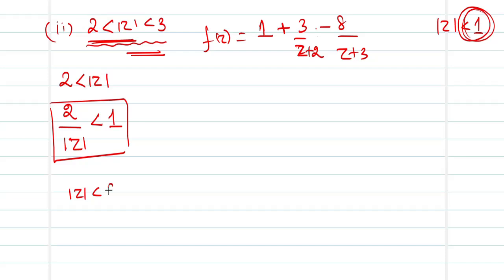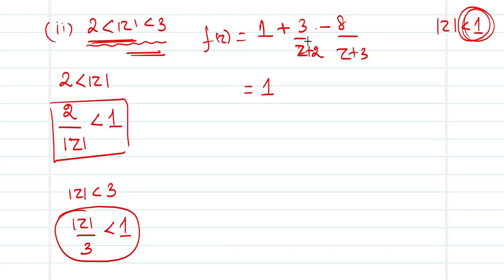Mod z is less than 3. I want it to be less than 1. So mod z divided by 3 will be less than 1. So I also have to make sure that I have the portion as z by 3. Notice z is there in the denominator here, z is there in the numerator here. So I need to adjust the terms accordingly over here. I need 2 by z.